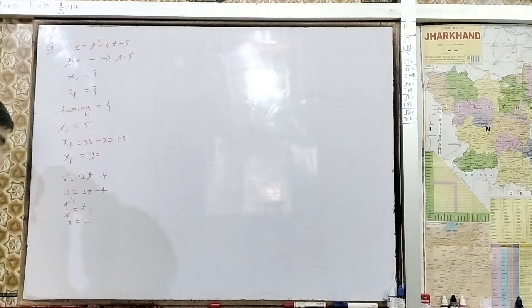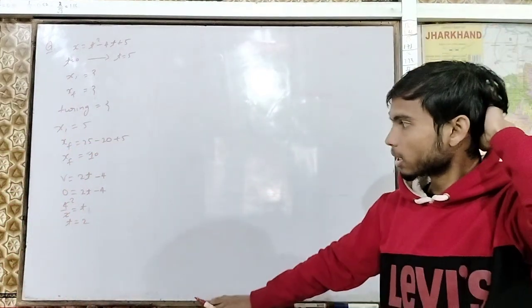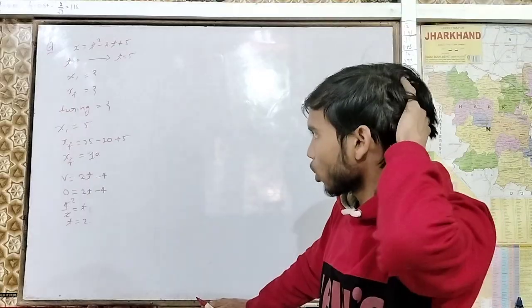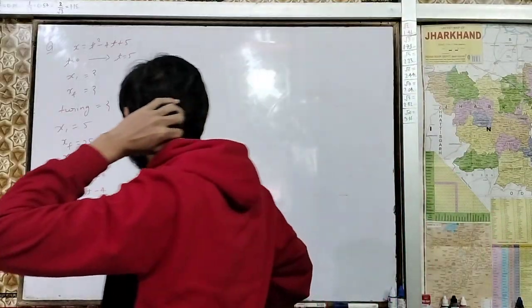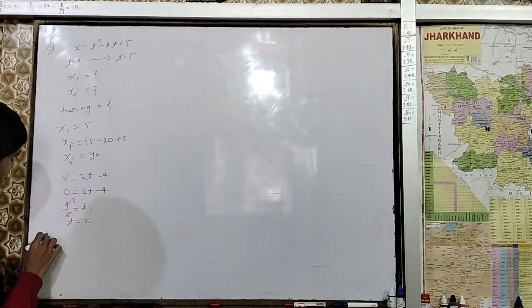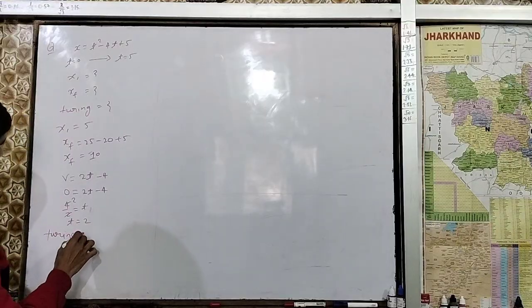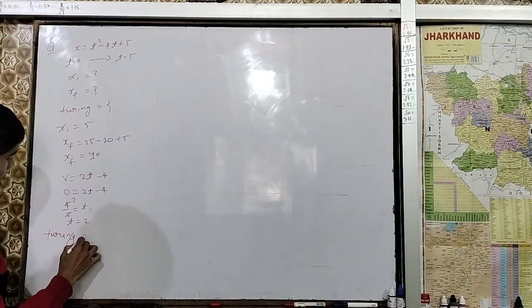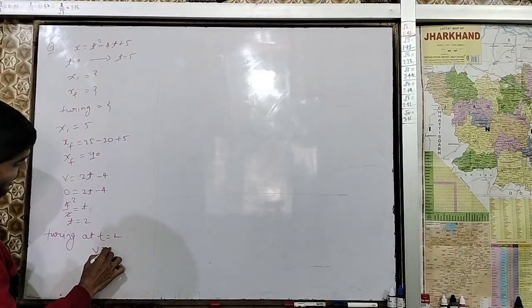At 2 seconds velocity is becoming 0, meaning the object is turning. The object is taking a turn at 2 seconds. So the turning point is at 2 seconds, where velocity is becoming 0.